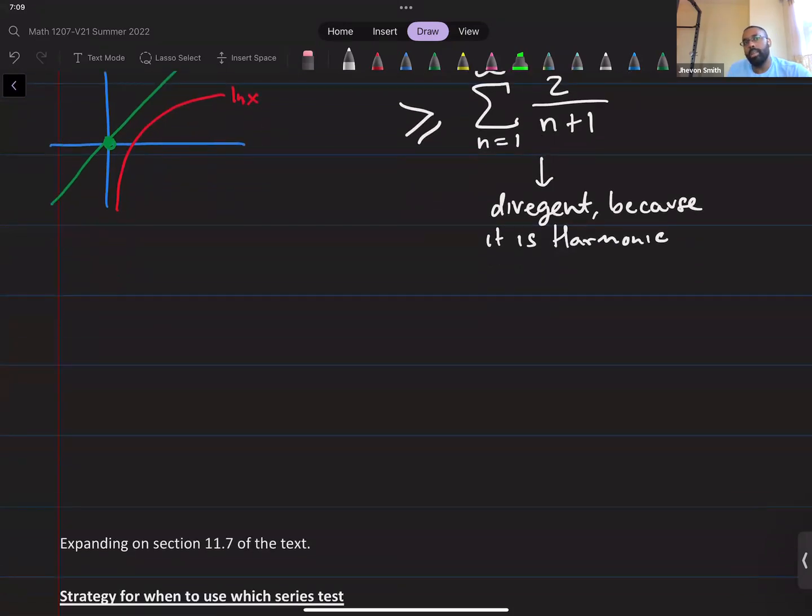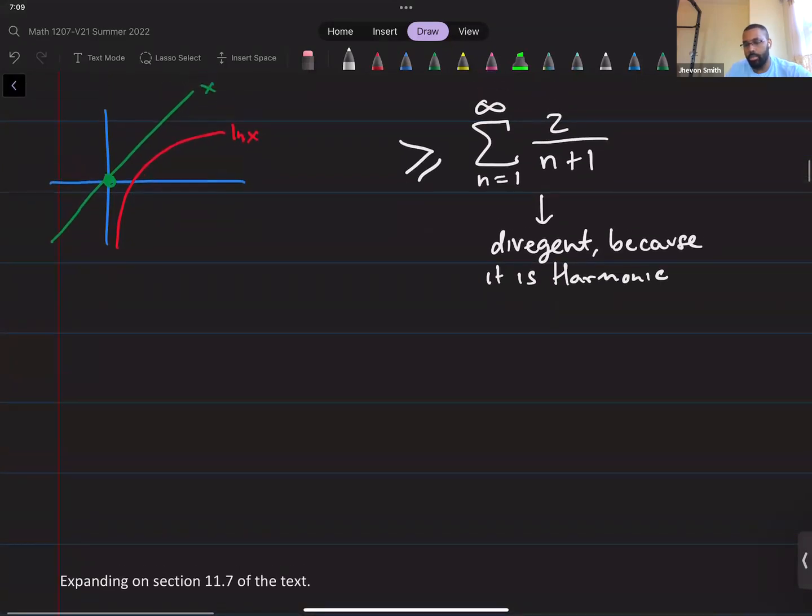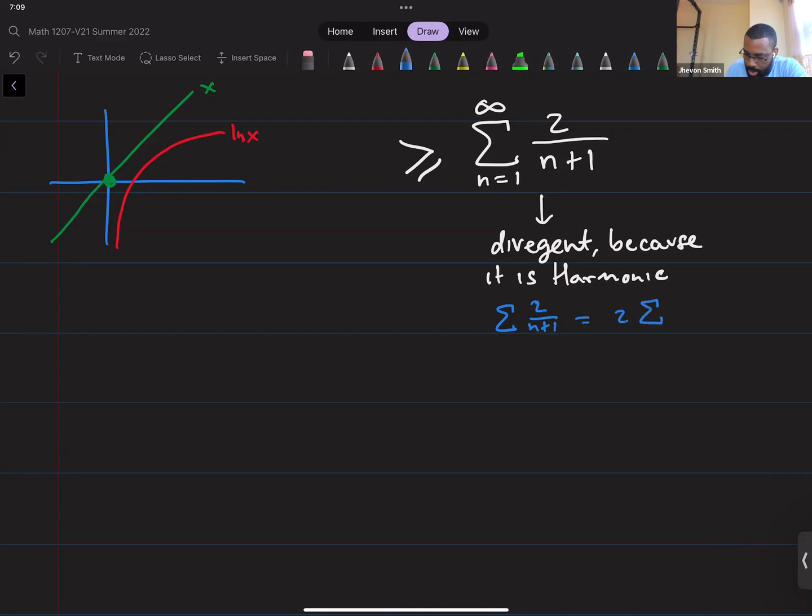Anything that has a linear thing in the denominator, a constant over a linear polynomial, you can consider harmonic, because you can do a substitution to change it to look exactly like a harmonic series. For example, if you have the series of 2 over n plus 1, this is just 2 times the series of 1 over n plus 1, from 1 to infinity.